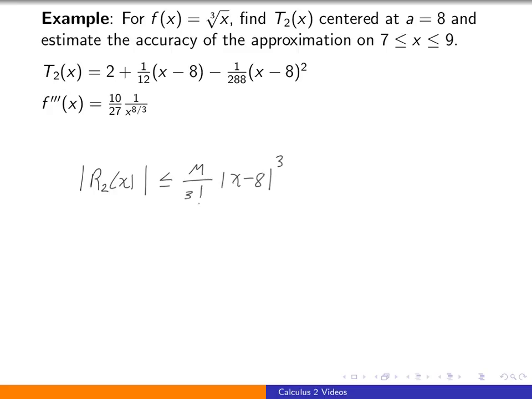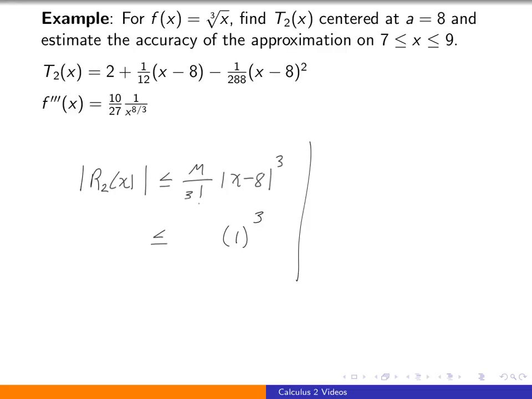So let's start off with the easier one. Looking at our interval going from 7 to 9, the absolute value of x minus 8 measures how far you can be away from 8. 7 and 9 are both 1 unit away, and that's as far as you can be. So that will be bounded above by 1 cubed, which is simply 1.